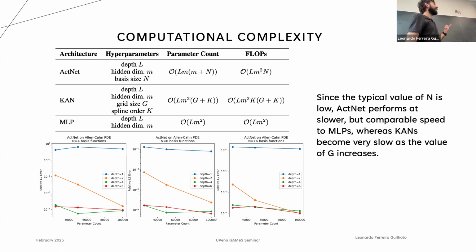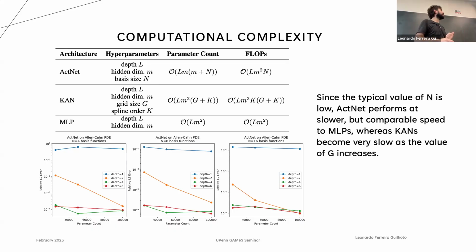In addition, for the ActNet, you have another hyperparameter, which is the basis size. How many basis functions are you including in your set? So the MLP only has the depth and width, and a KAN, in addition to depth and width, also has, in order to approximate those functions that we were talking about from the original version, instead of using a linear combination of basis functions, they actually use B-splines.